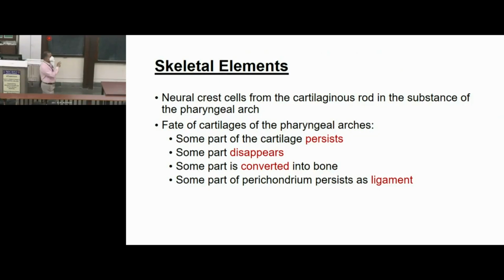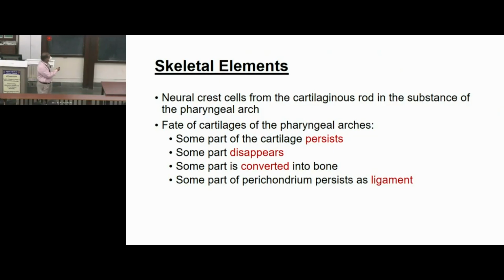Actually, the word conversion also is not correct. When we say endochondral ossification, it is replacement of cartilage by bone. When we say intramembranous ossification, it is replacement of the mesenchymal cells directly by bone cells. So, it is actually not conversion. The word is very loosely used, but actually some part is replaced by bone.